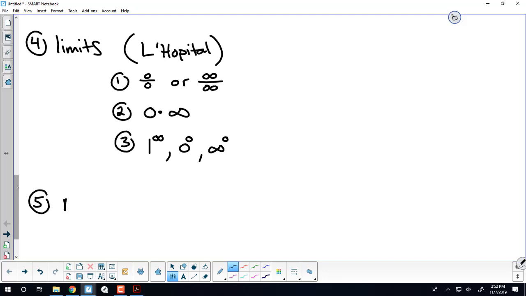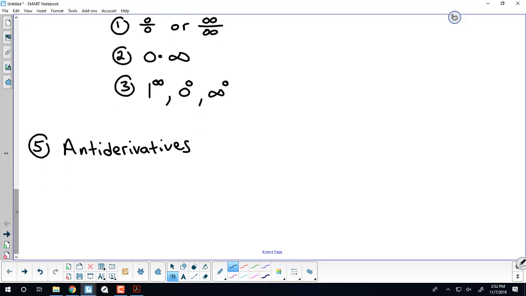There's 5 antiderivatives. We sort of continue with antiderivatives in chapter 5, so that's kind of where we end in Calc 1 with antiderivative stuff, and then where Calc 2 begins. So we'll see antiderivatives again in chapter 5.